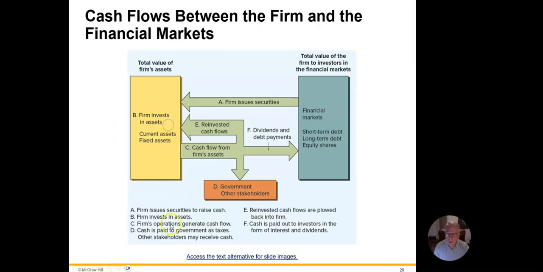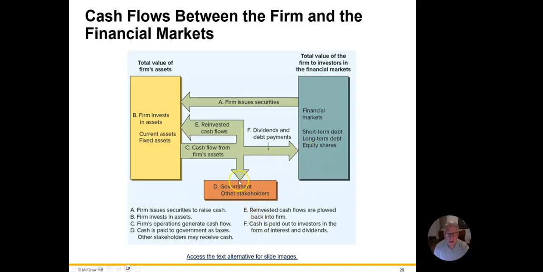And then the firm's operations then generate, let's call it increased cash flow here under C. And that cash flow is paid to the government in the way of taxes, and it's paid to our other stakeholders, usually our accounts payable people.